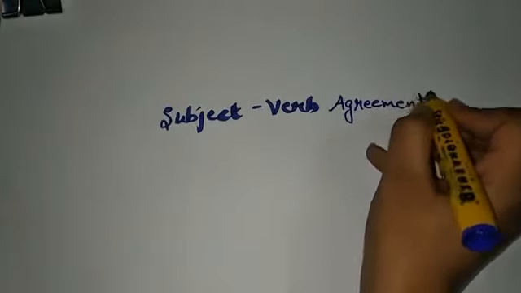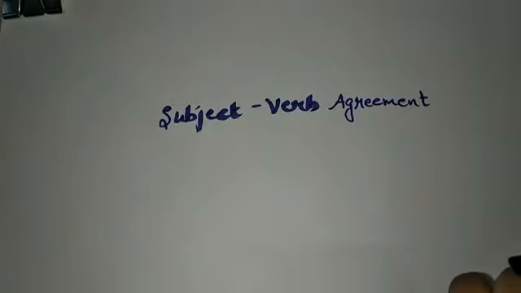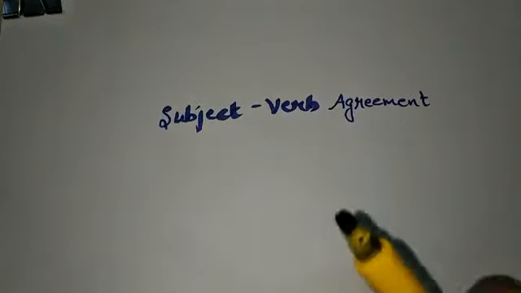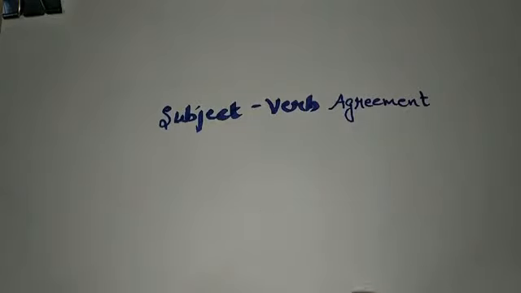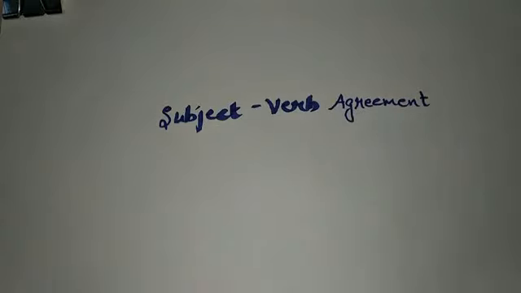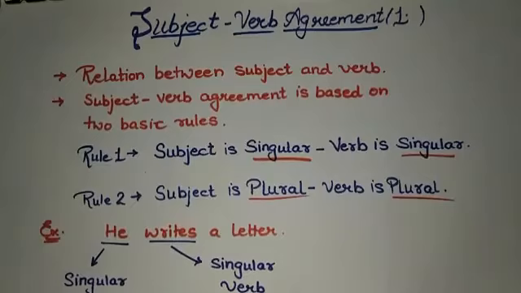And it is useful. Generally, you people ask how we should learn error detection, right? So, subject-verb agreement will let you know about the structure of a sentence, and it is very important for error detection. So, today we are going to learn what subject-verb agreement is.